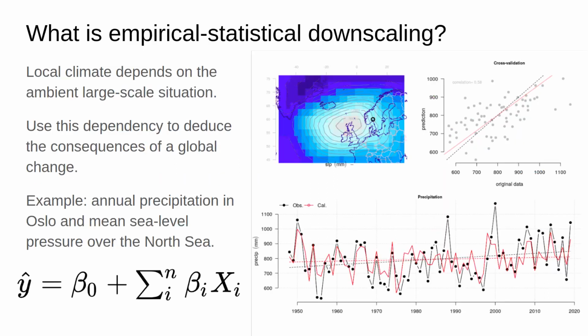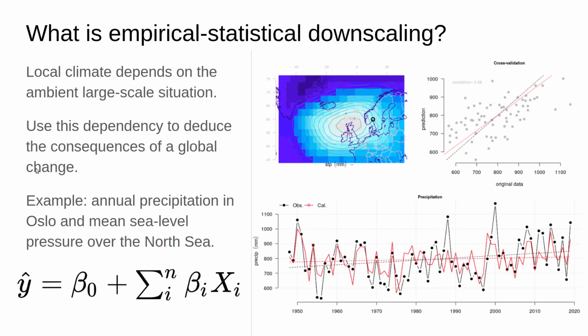So what is empirical statistical downscaling? Local climate depends on the ambient large-scale situation in that area, and basically we want to use this dependency to deduce the consequences of a global climate change in a place where you're interested. So here's one example: the annual precipitation in Oslo, and how that is related to the mean sea level pressure over the North Sea.